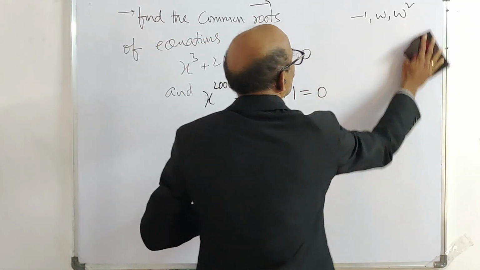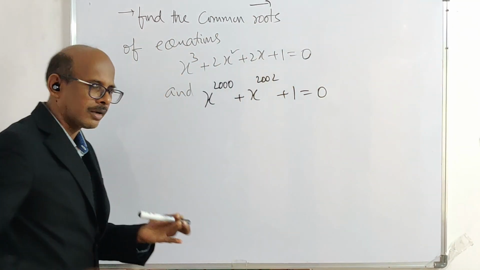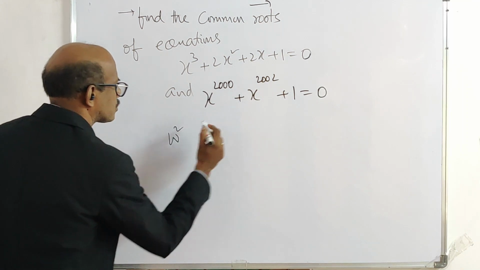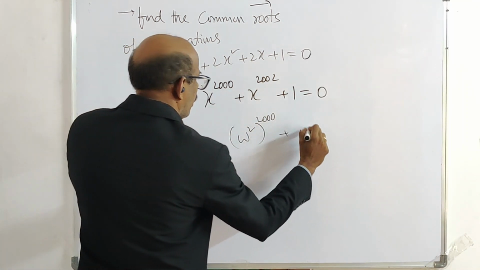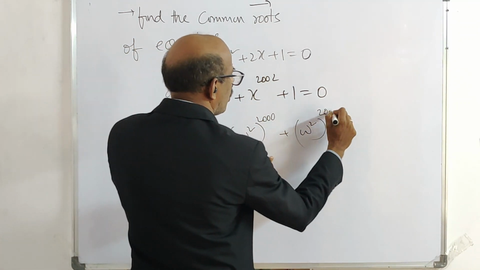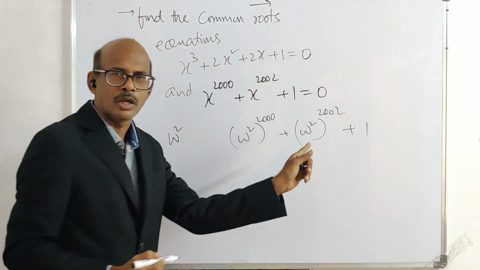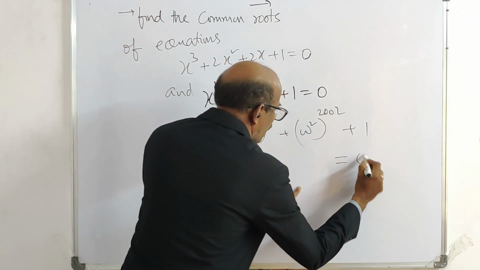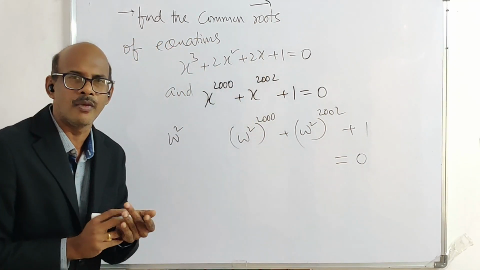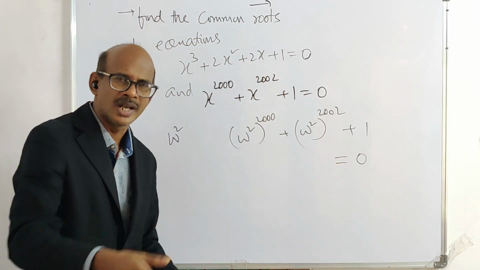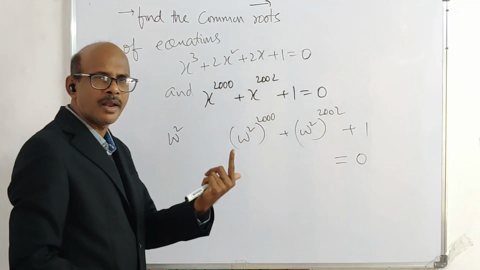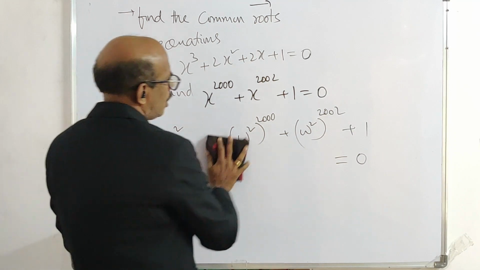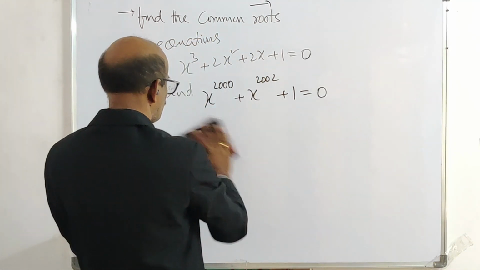In a similar manner, if you check omega square, concentrate. If you check omega square, means omega square power 2000 and omega square power 2002 plus 1, it also satisfies. After completing this video, in your own self study, if you check, definitely it will satisfy. In the same manner, like omega cube is 1, we get that also satisfied.